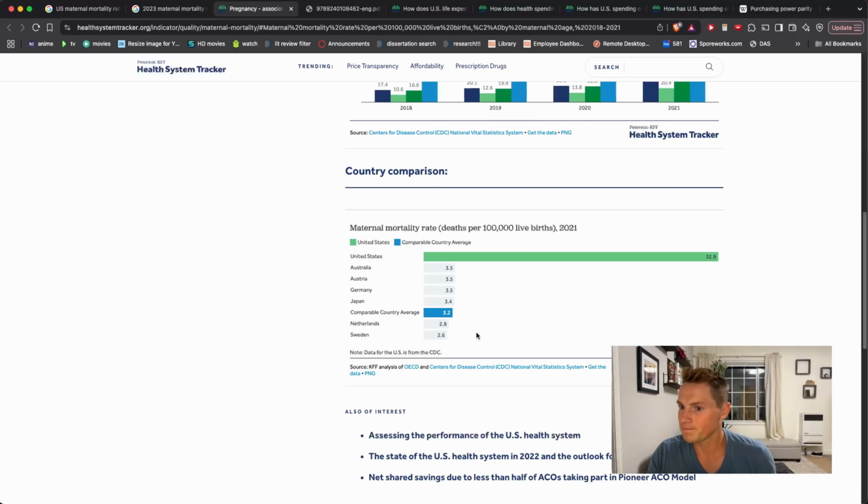Like, these are moms dying after giving birth. Now, these are live births. That's important. I believe the United States also leads the world in the number of C-sections that we give.